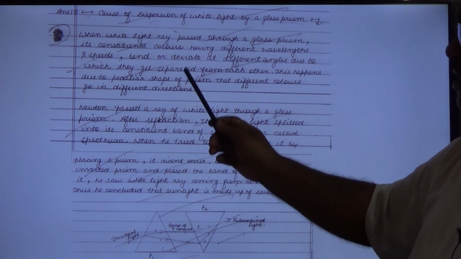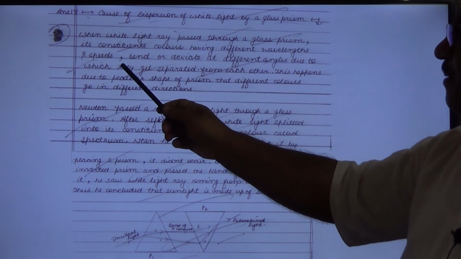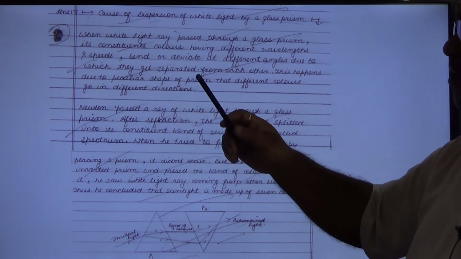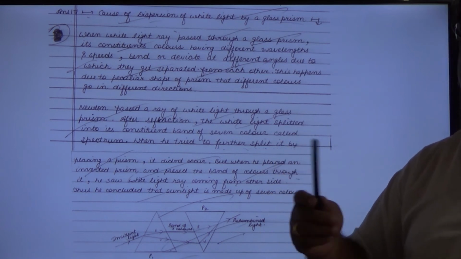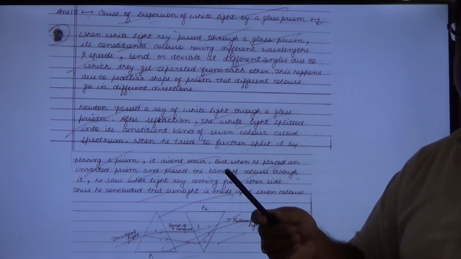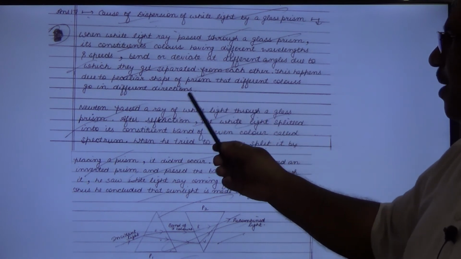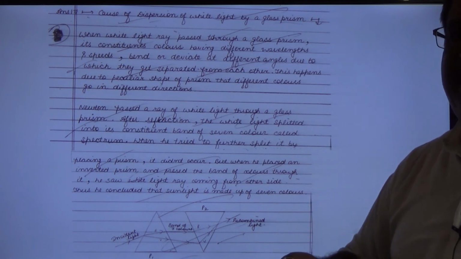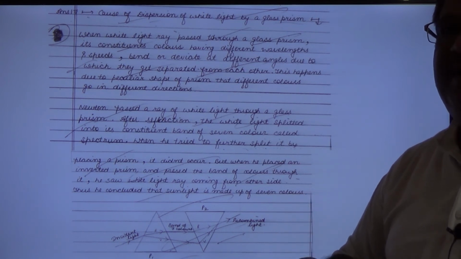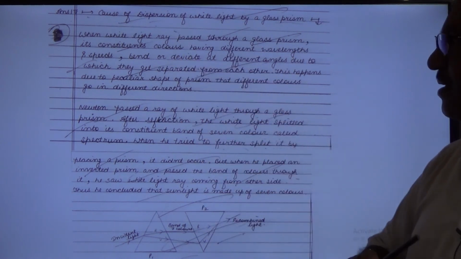One is, different colors of the white light have different wavelengths and speeds, and therefore they bend or deviate at different angles when white light is made to pass through a glass prism obliquely. And second, due to the very peculiar shape of the prism, these different colors get further separated to produce a spectrum, and this is the cause of the dispersion, is what he has written.